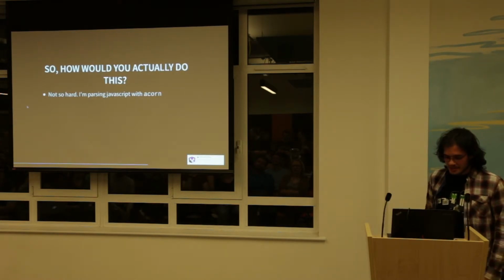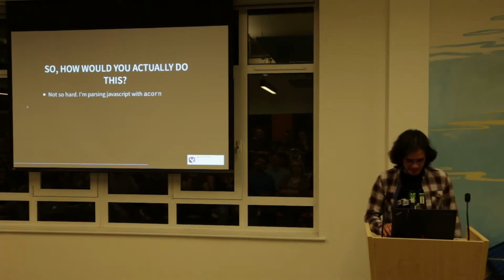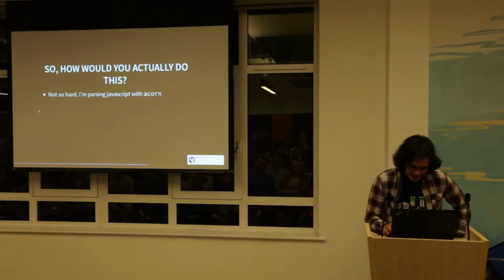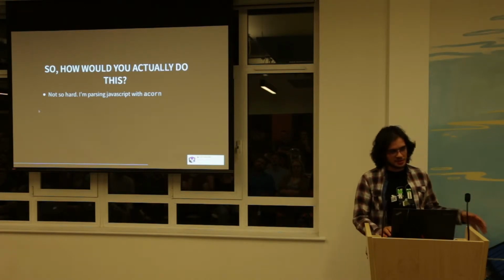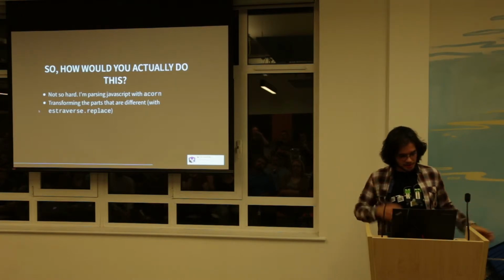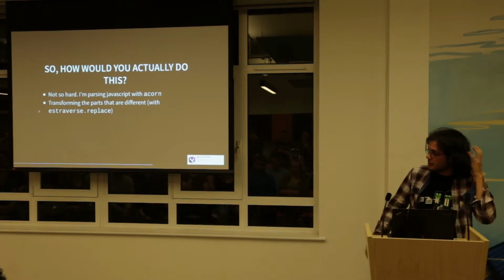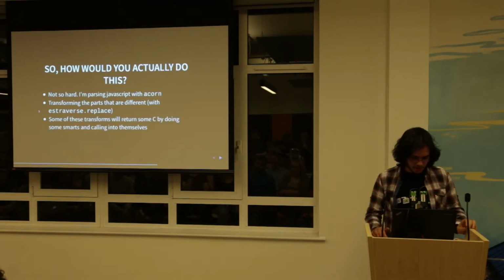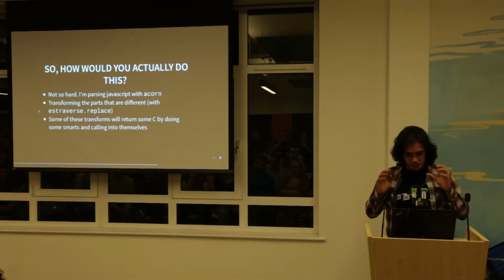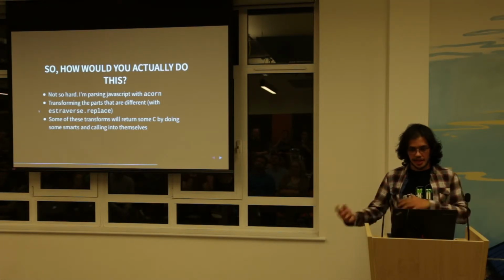So how does this thing work? Somehow it's written in CoffeeScript and works. So it parses the JavaScript with Acorn. Then I use estraverse.replace because I'm lazy. I don't want to make my own recursive function. And some of these transforms will return some C instead of returning an AST node.